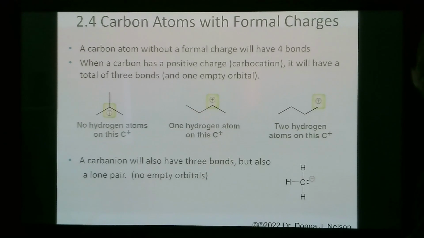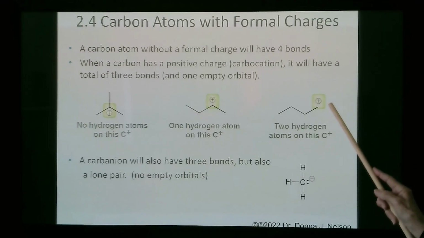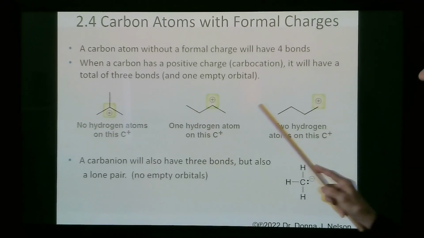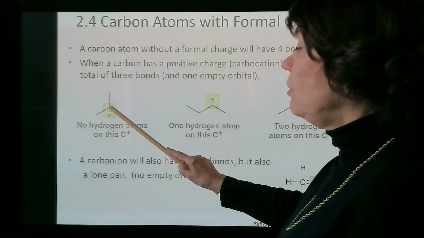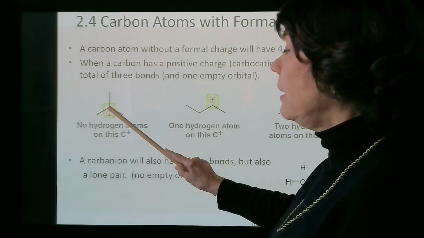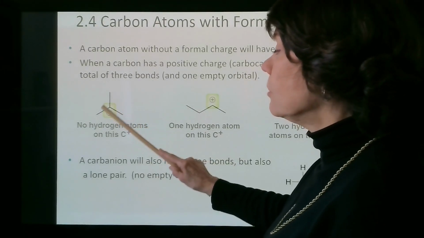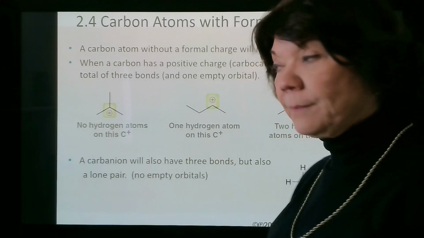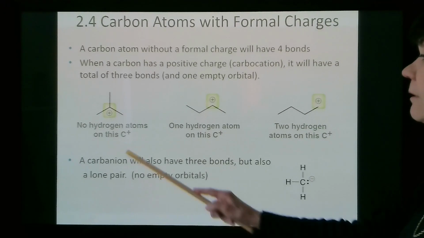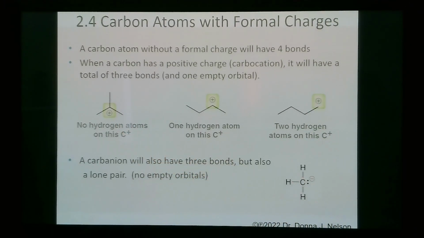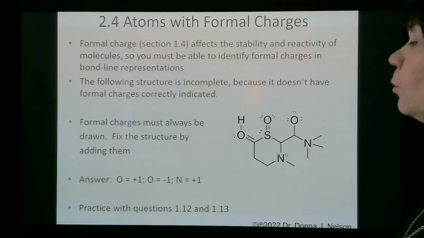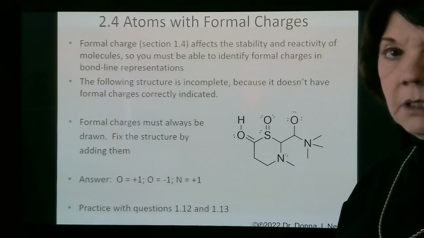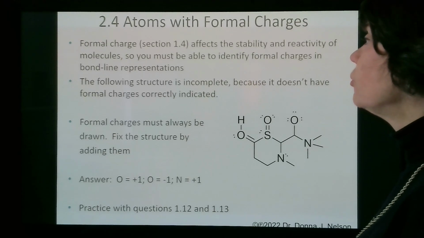It has the stability of a filled octet. Up here, the carbocation, let's use this one. This carbon is surrounded by only 2, 4, 6 electrons. It is electron deficient. So that tells you how these are different. We'll look at that more in later chapters.